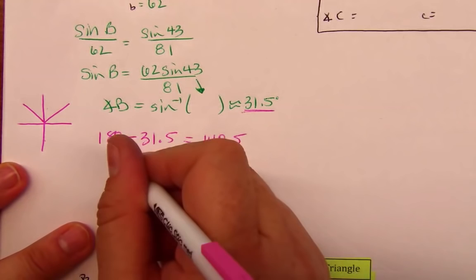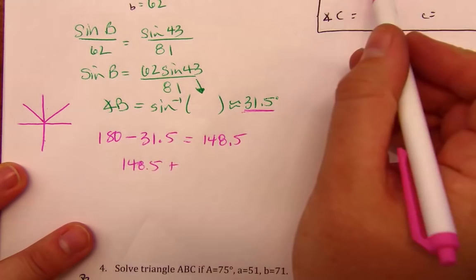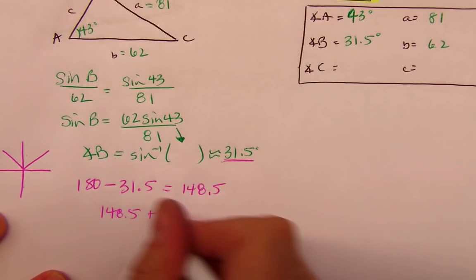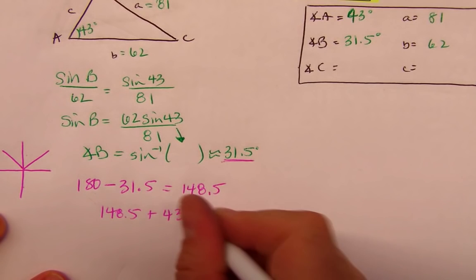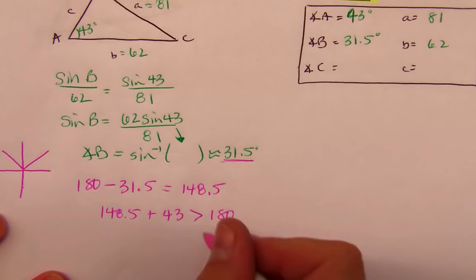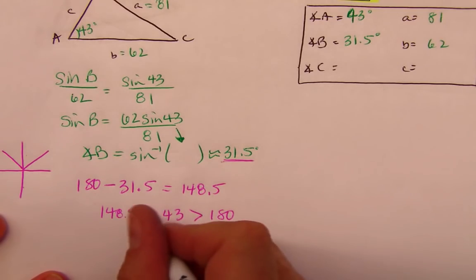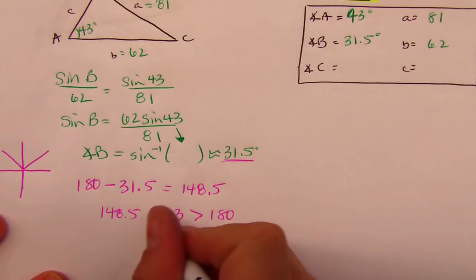So I have 148.5 plus the angle that we already know, which is 43. And if that's bigger than 180, we don't have two triangles. Or we do have two triangles if it's less than 180. So 148.5 plus 43. This is bigger than 180.